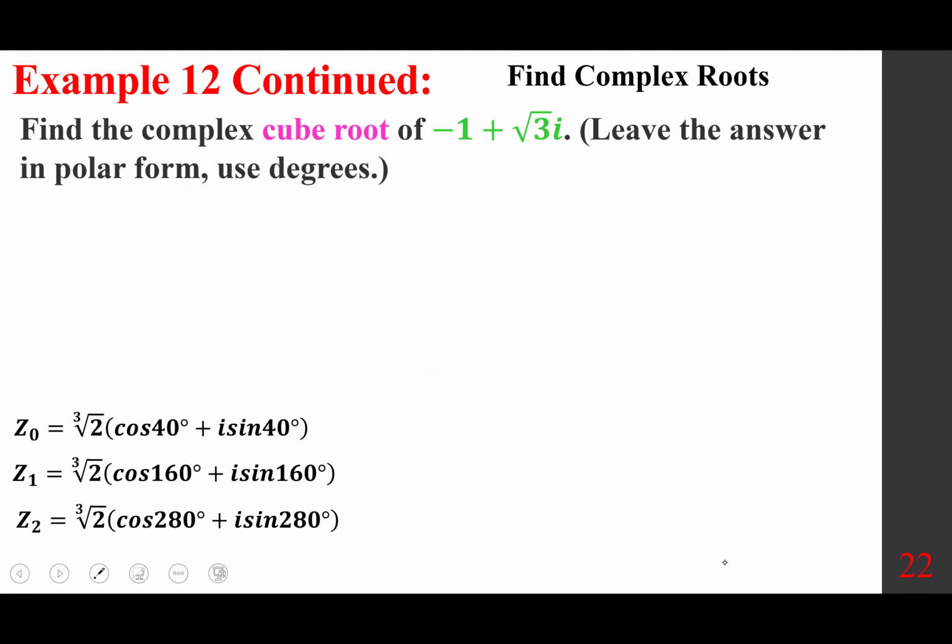So we have this question. We want to find the cube root of negative 1 plus square root of 3 i. We're going to leave the answer in polar form, and we found the answers. So as far as the polar format is concerned, you have a circle centered at 0, 0. This is the radius. This is x squared plus y squared equals r squared.